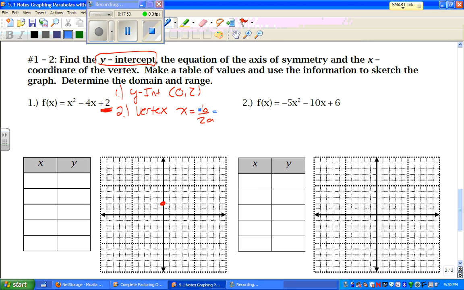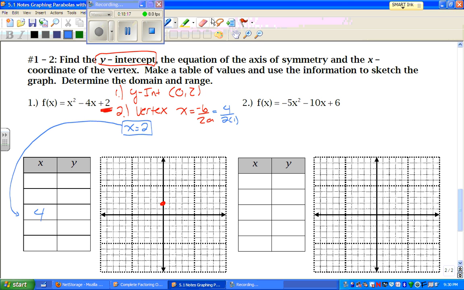So, I have the opposite of b. That negative, it's like saying the opposite. So the opposite of b is going to be +4 over 2 times my a value. The a value is next to the x squared, that's 1. So when you do this, you get x equals 2.